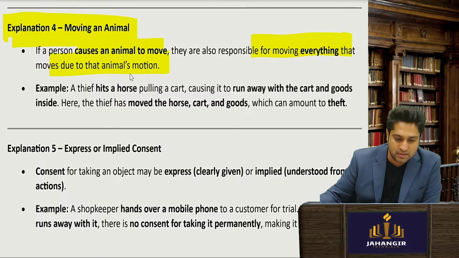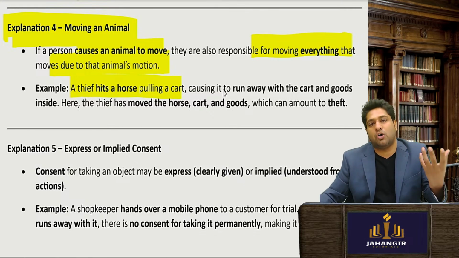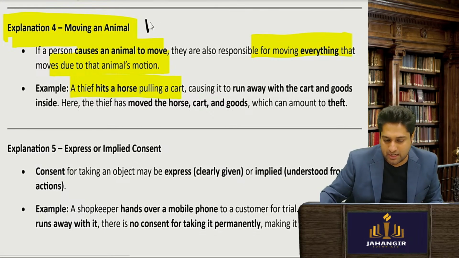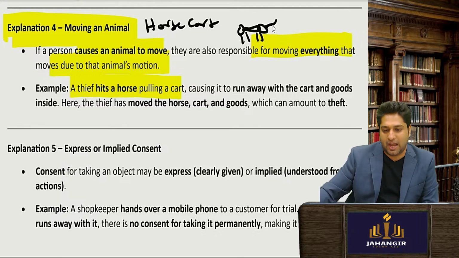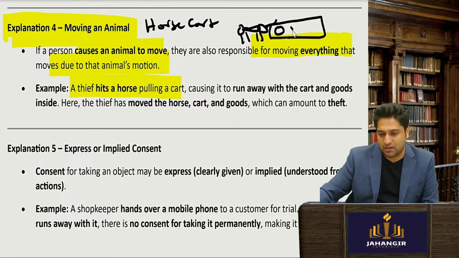We'll complete this. A thief hits a horse cart. So not only the horse will move. Imagine there is a horse cart. This is the animal, and with the animal there is a cart with a lot of goods. So what happens when you start?